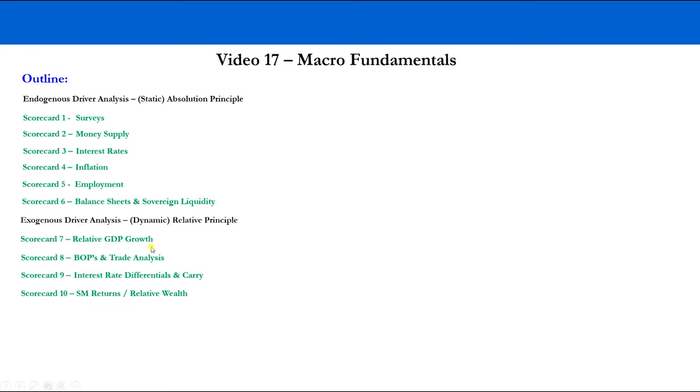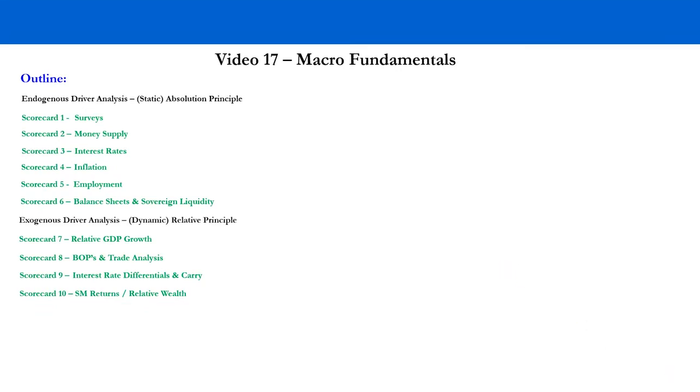So first of all, let's crack on with scorecard 7, the first of our exogenous drivers that we're analyzing, applying this dynamic relative principle, and let's look at relative GDP growth between Australia and the United States.